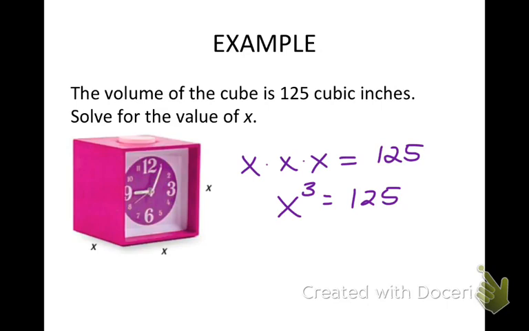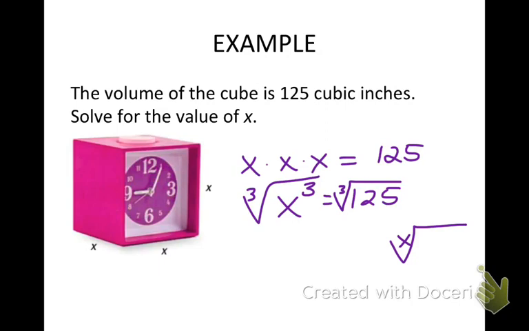So now I need to either think the number times itself 3 times is 125, or to undo a cube, you can take the cube root of either side. And on your calculator, you should have a button that probably looks something like this, with an X. Calculator's weird. So you're going to have to type in 3 and then hit second and then the up arrow to get that little thing, and 125.